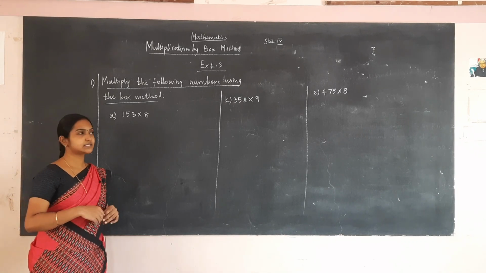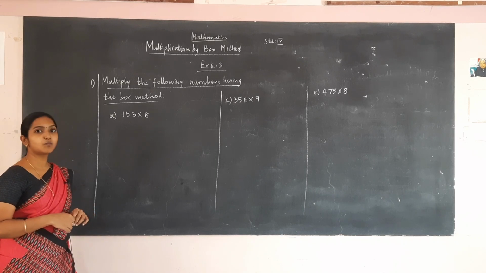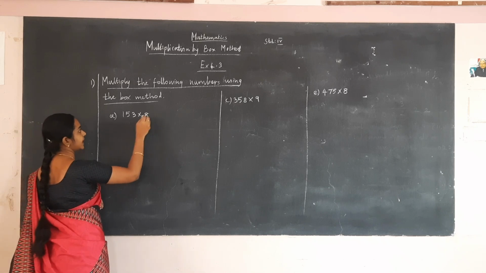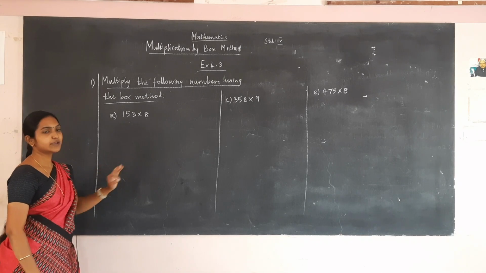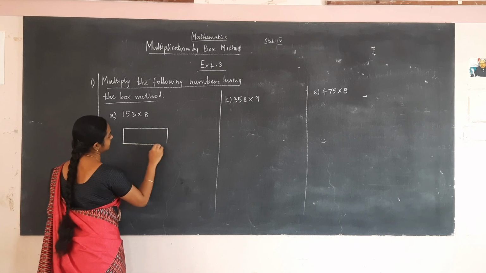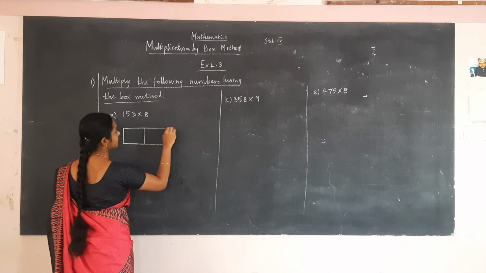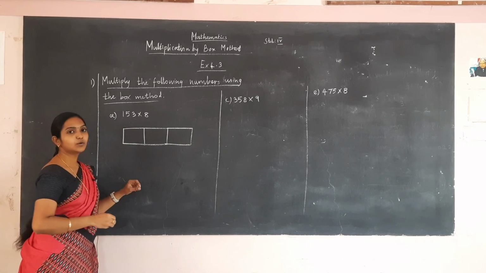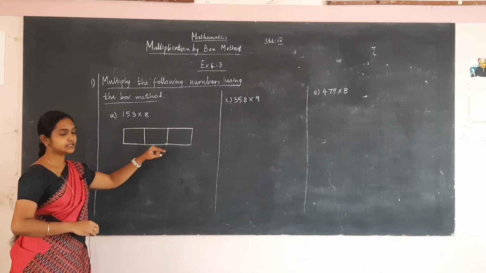Now, we are going to solve exercise 4.3. The first one is multiply the following numbers using box method. 153 into 8. We have 3 numbers in 153, so we have to put 3 columns and 1 row, because 8 has only 1 digit.